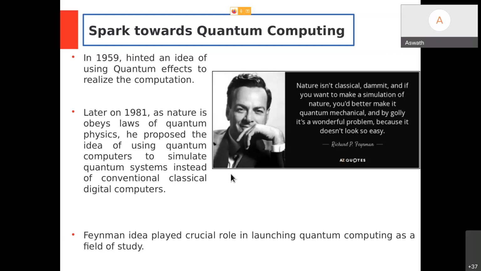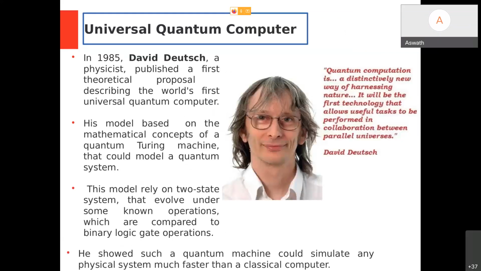After that, in 1985, David Deutsch gave the first theoretical proposal for realizing a universal quantum computer, some device based on physics laws which could compute.